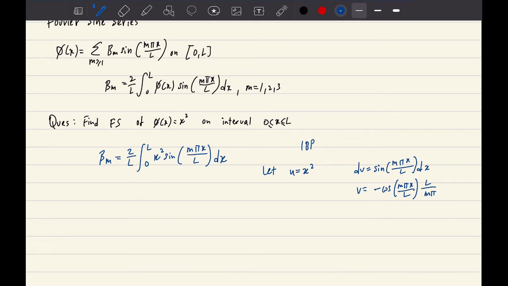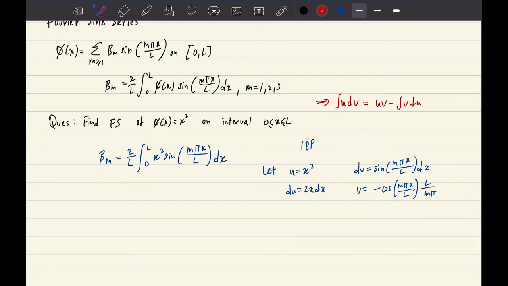And for u, du is simply 2x dx. If future Rowan doesn't remember, this is the formula: the integral of u dv is equal to uv minus the integral of v du.